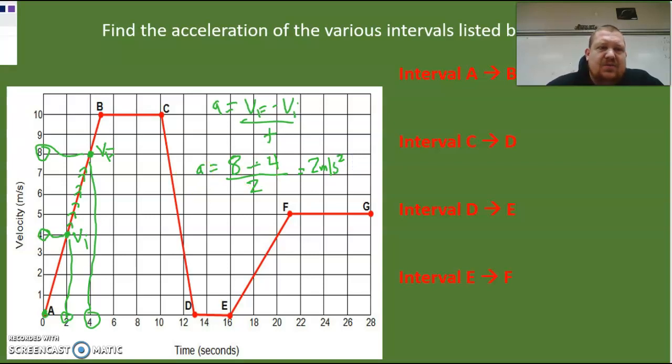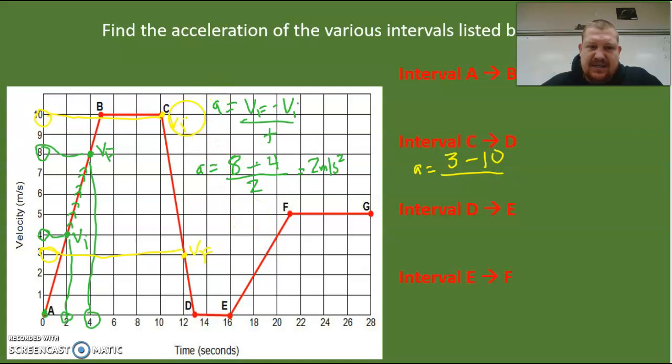All right, let's do one more example of that, just C to D here. Again, I got a point here, and I got a point here. There's no other points to use, so this makes it easy. I'm starting here, so this is my VI. I'm ending here, this is my VF. VF is 3. My VI is 10.